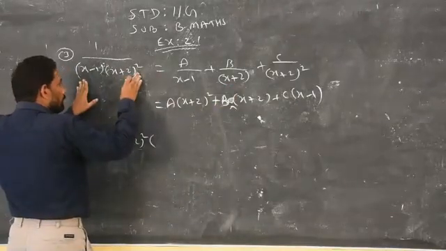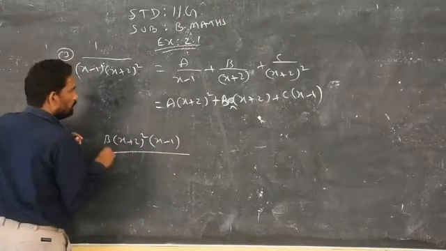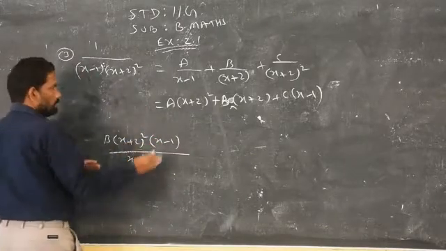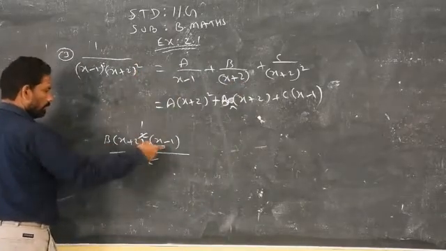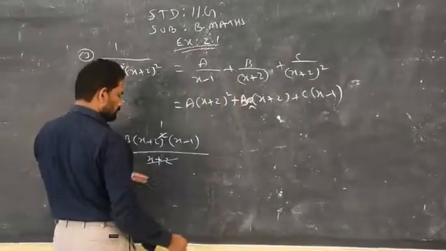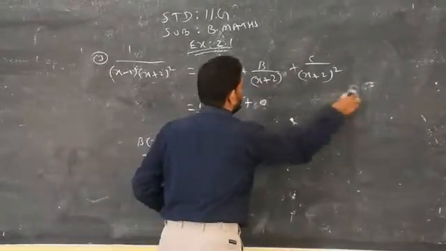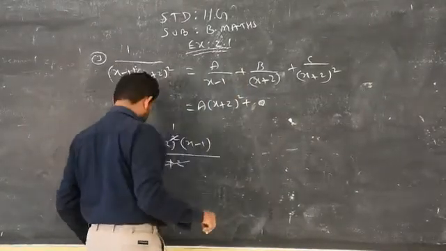So I am multiplying the B term alone by (x plus 2) the whole square into (x minus 1). The denominator has x plus 2. I am taking only this term alone. This will be removed. Then what will be the remainder? B of (x plus 2)(x minus 1). Which one did I leave? x minus 1 is left over there. So don't get confused. Be careful.